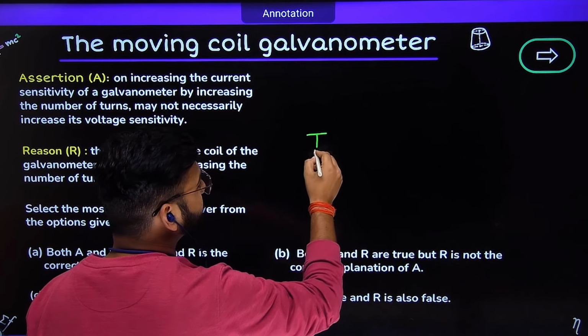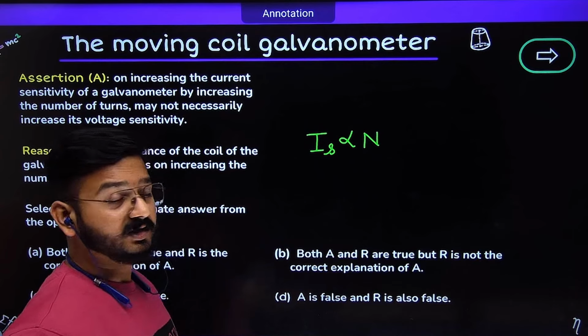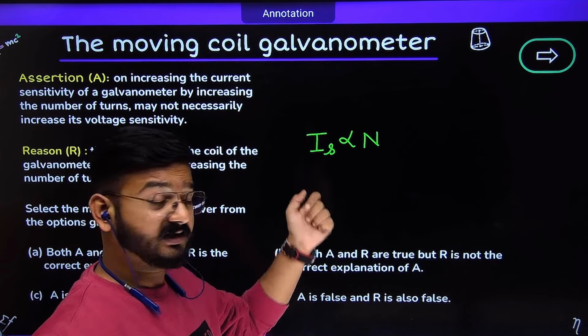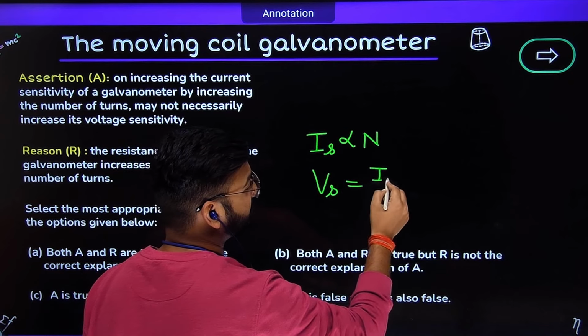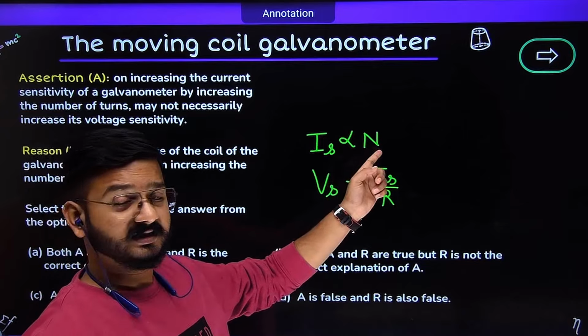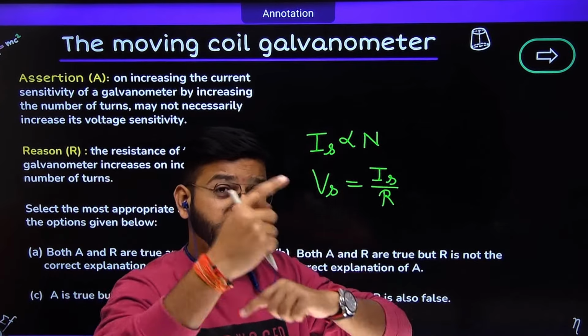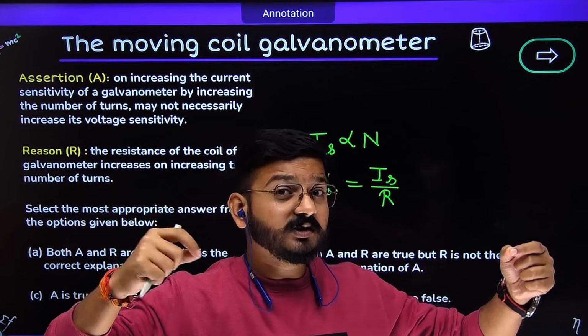As you know that current sensitivity is directly proportional to the number of turns of the coil. So when you increase the number of turns, current sensitivity will increase. And what is the relation between voltage sensitivity and current sensitivity? It is Is by R. So due to the number of turns being increased, current sensitivity is increasing. But on the same side, when you're increasing the number of turns, the length of the coil is also increasing.